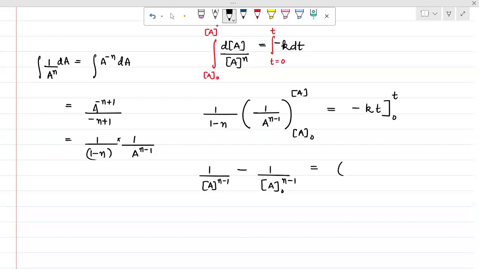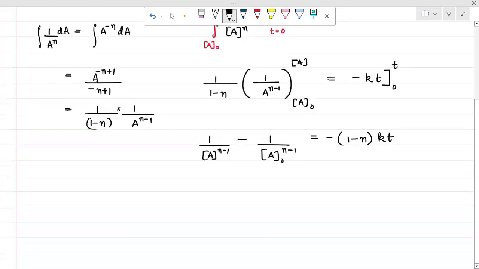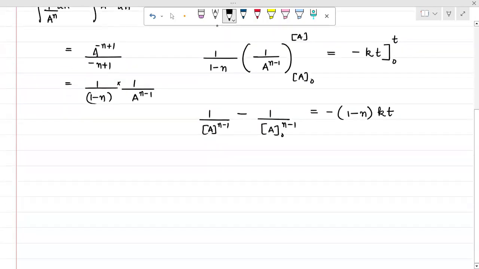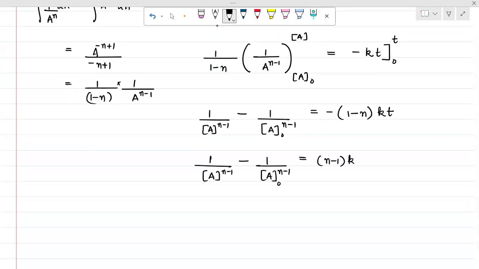I took 1 minus n to the other side and there is a minus over here, kt. Again, taking the negative inside, this becomes 1 by concentration of A to the power n minus 1, minus 1 by initial concentration to the power n minus 1, is equal to (n minus 1) kt. That's it.